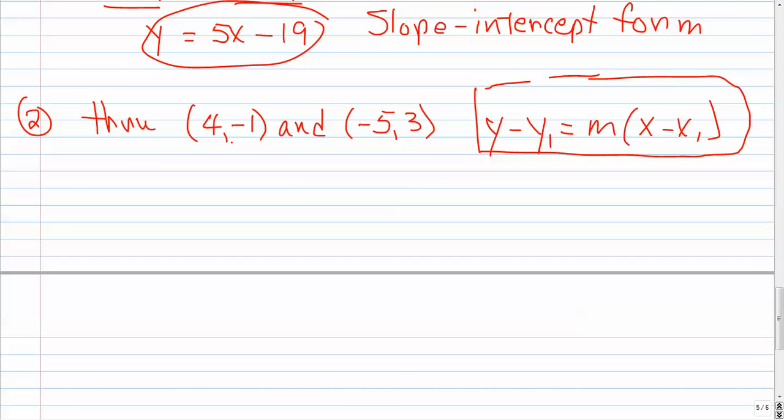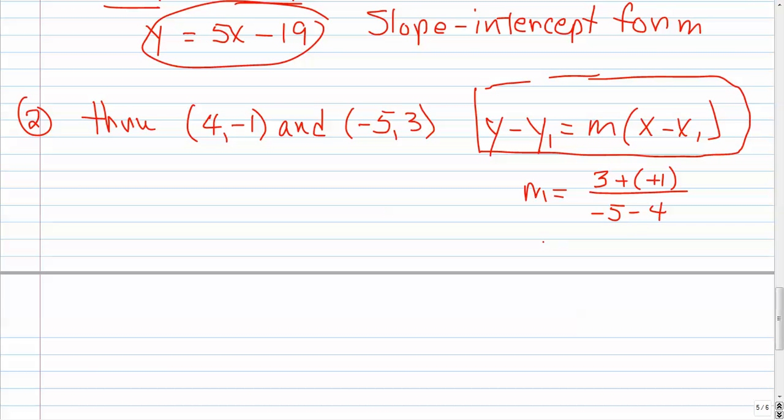All right, right here, we're given 2 points on the line, but we're not given the slope. So how do you find the slope if you have 2 points on the line? You have to use the slope formula. So I'm going to go over to the side and use the slope formula to find the slope of the line. I'm going to subtract my y-coordinates, which would be 3 minus the negative 1, or 3 plus 1, over negative 5 minus 4.